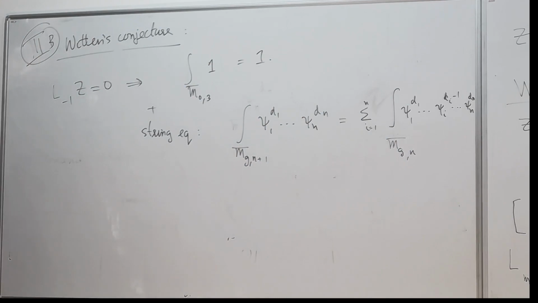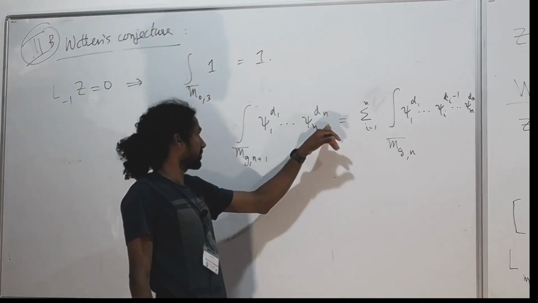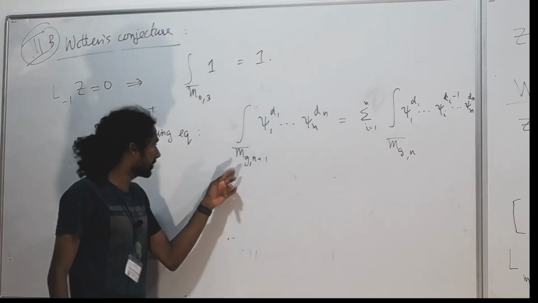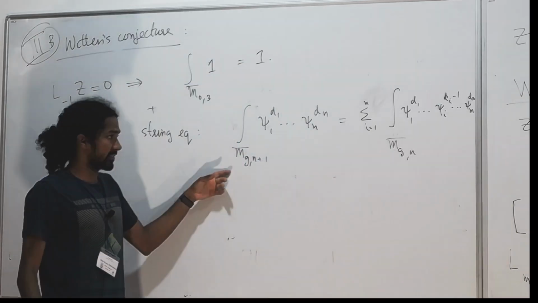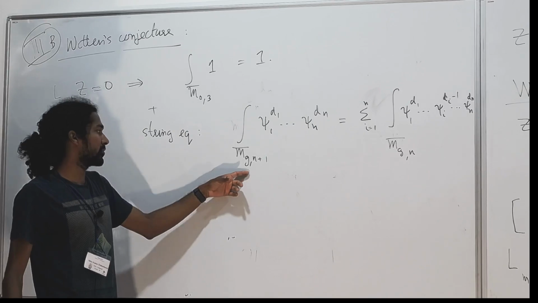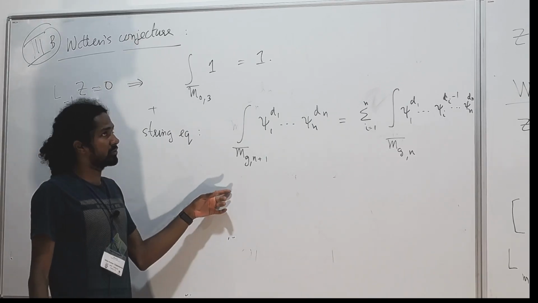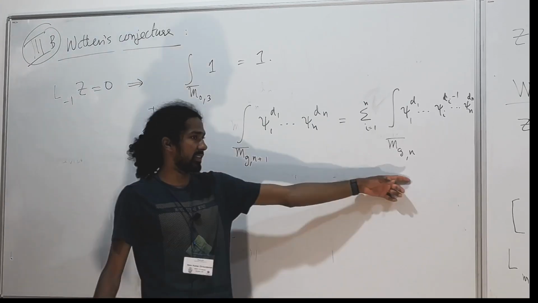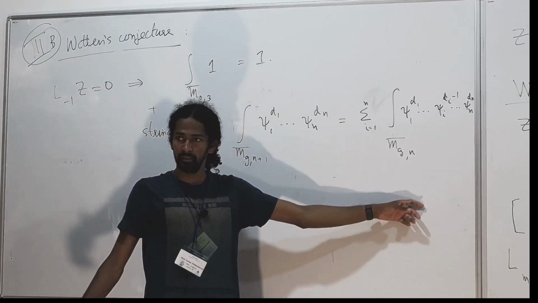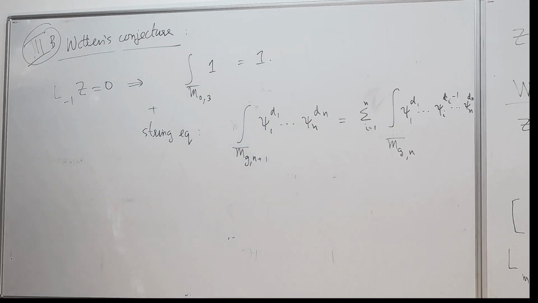Great. So if you didn't have a psi_{n+1} here, so psi_{n+1} to the 0, then you can reduce it to some integrals on M_{g,n}-bar, and see that this is a recursion. This side has 2g minus 2 plus n plus 1, and this side has 2g minus 2 plus n. You went down in the negative of the Euler characteristic. So that's the first one that we have.